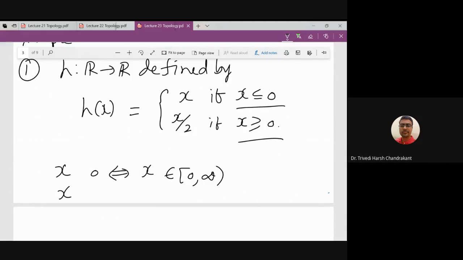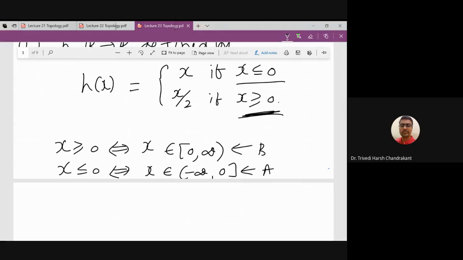So this is our set A, and this is our set B. And over A, what is Fx?